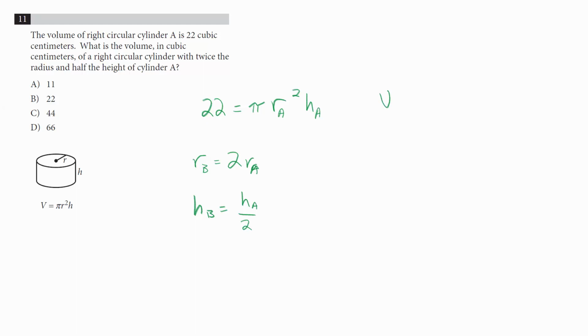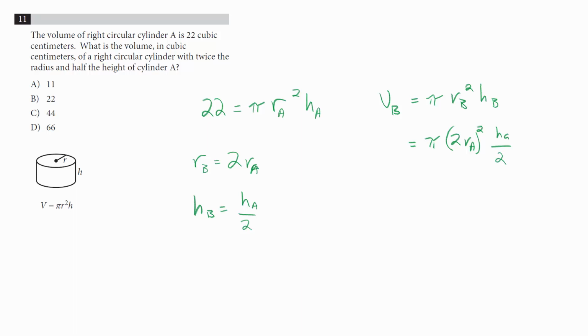So for the volume of B, if we were to plug in these values, pi times rB squared times h of B. rB is the same as 2 rA squared. hB is the same as h of A over 2.